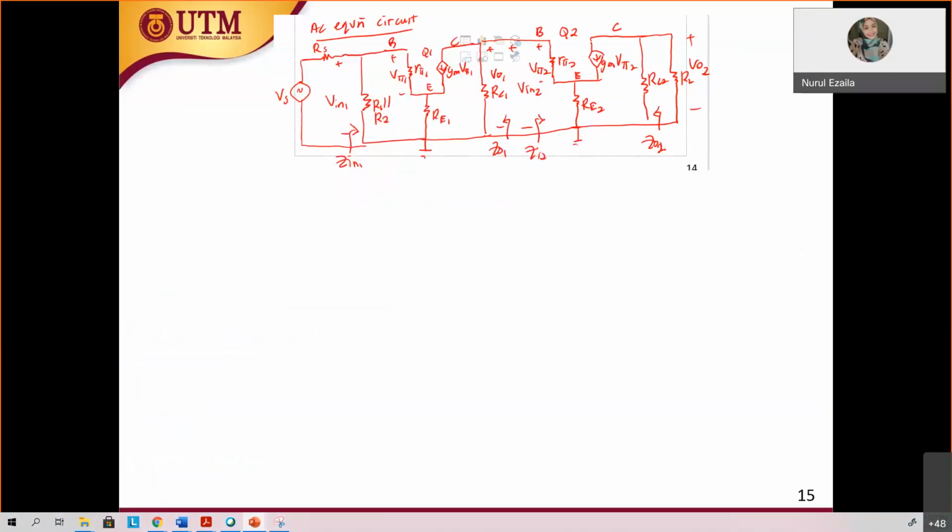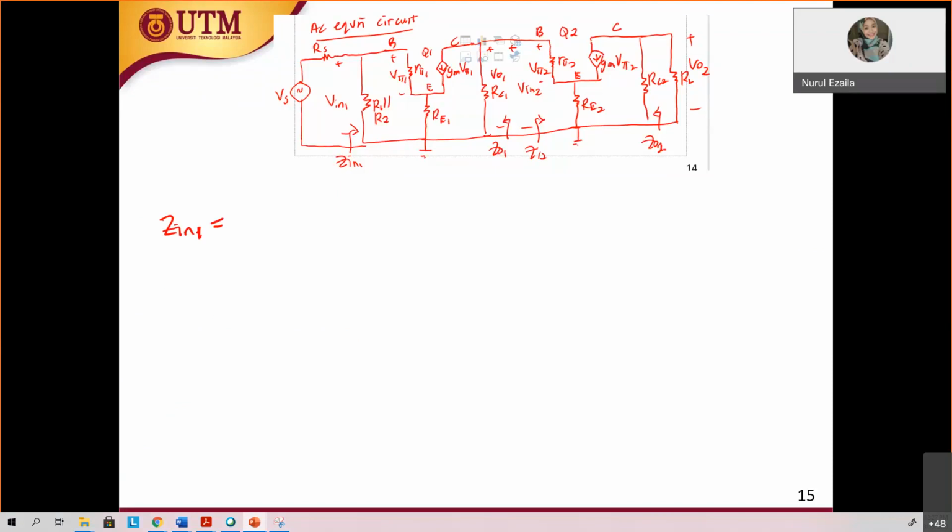So let's do the derivation for the input and output. Can someone give me what is Z in 1?